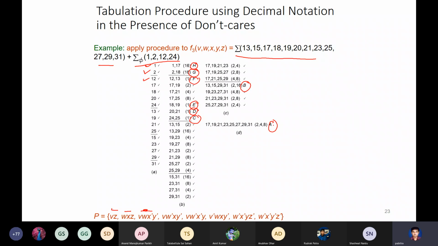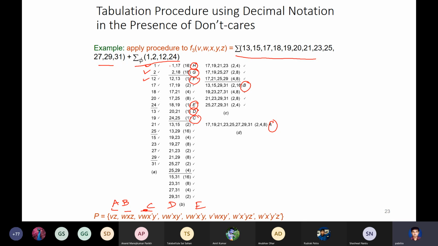This A is a two-sided cube, this B is a three-sided cube. So this is A, this is B, and these are all these C, D, E, and so on. These are, you can see, four-sided cubes. Sorry, the two-sided cube, four variable prime implicants.